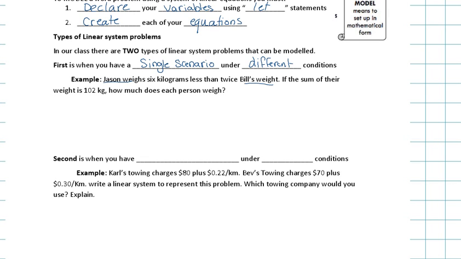So this is where you're going to start your let statement. So you see how I asked myself, what am I trying to solve for here? What's the question asking me to solve? And these are going to be your letters, your variables.